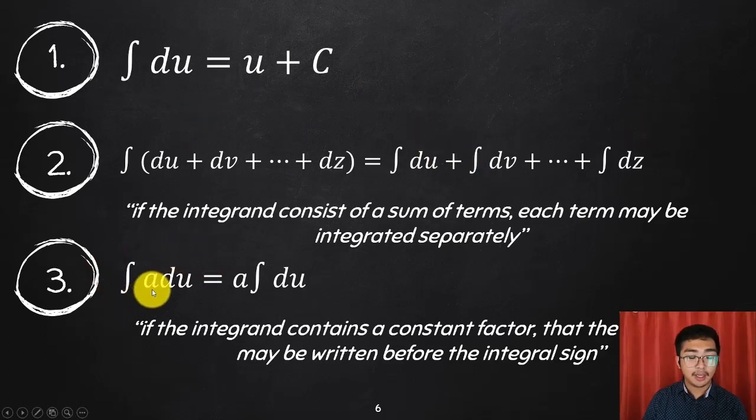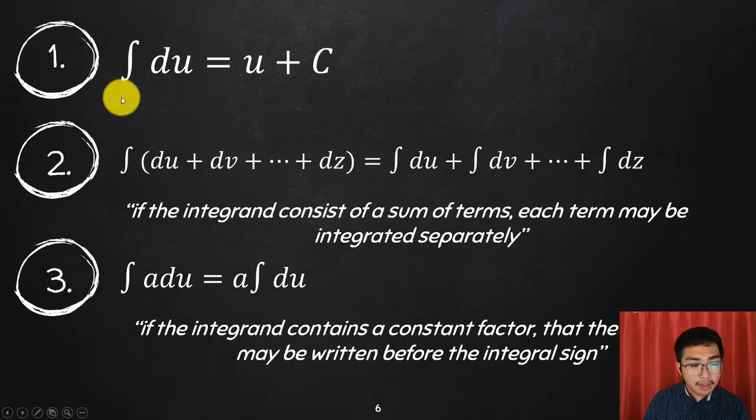And last but not the least, the integral of a du, a being a constant value, can be written as a multiplied by the integral of du. So a constant can be factored out of the integration process. If the integrand contains a constant factor, the factor may be written before the integral sign.